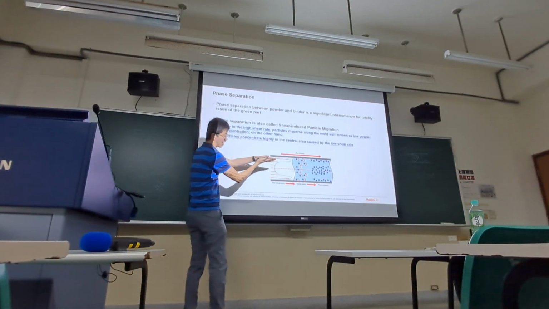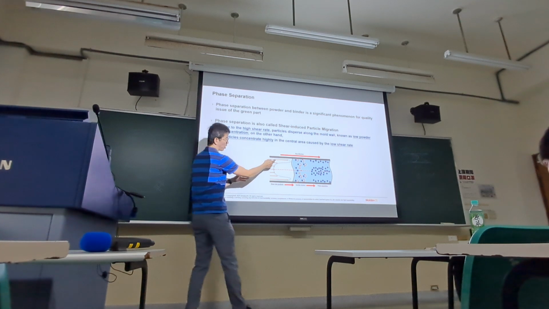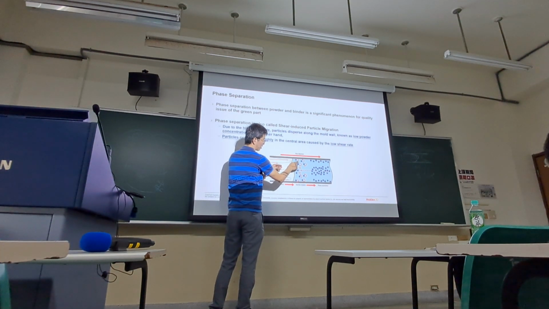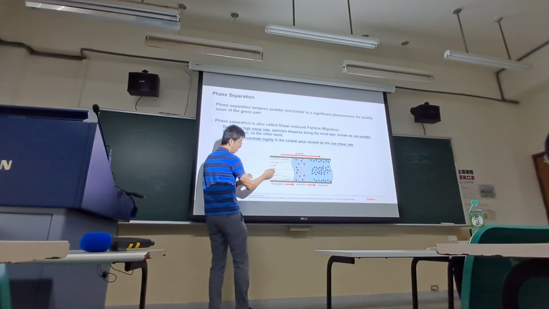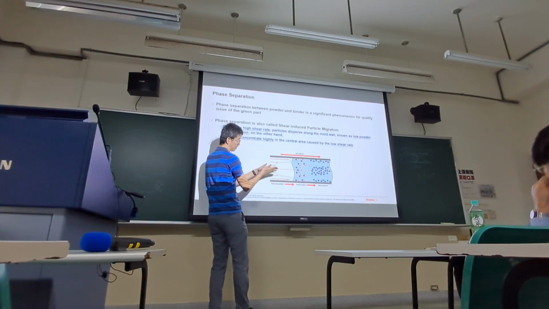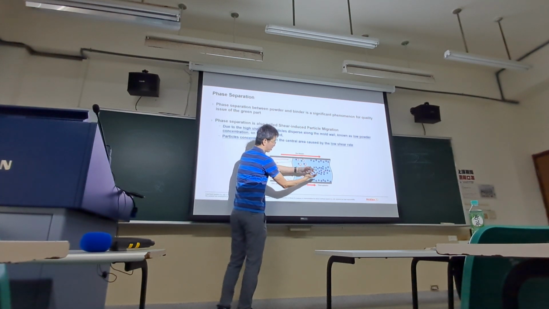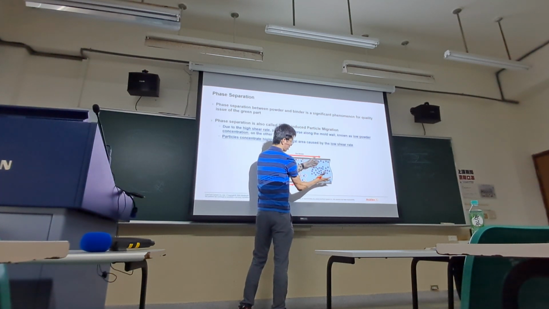So a high velocity difference will separate the powder, and with a low velocity difference, the powder will accumulate together.